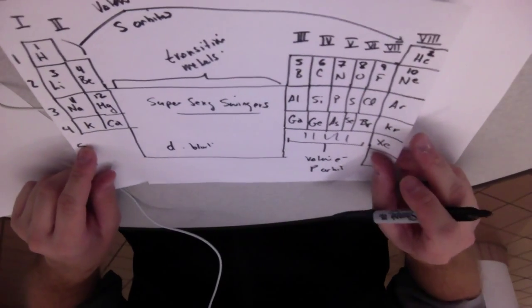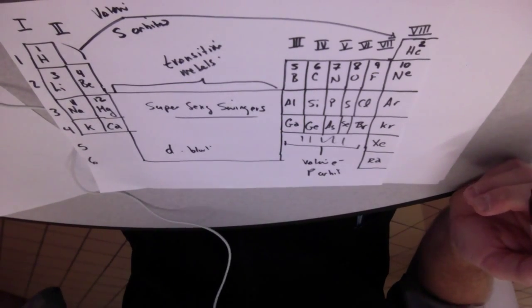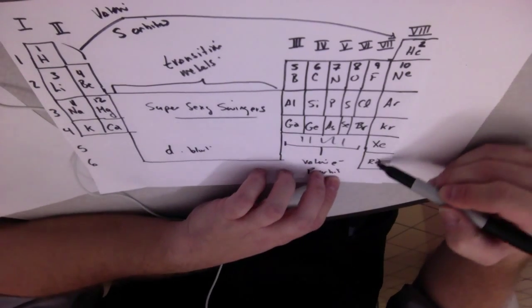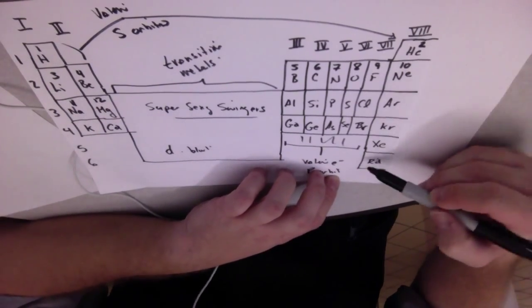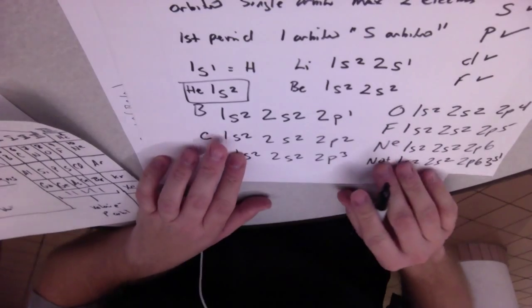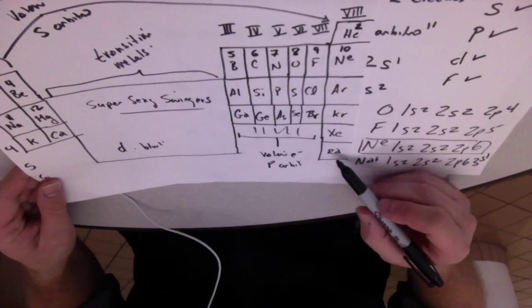Now, let's just talk a little bit about what we see happening here. If you notice all the elements on this right-hand side here, so helium, neon, and you also have argon, krypton, xenon, radon.